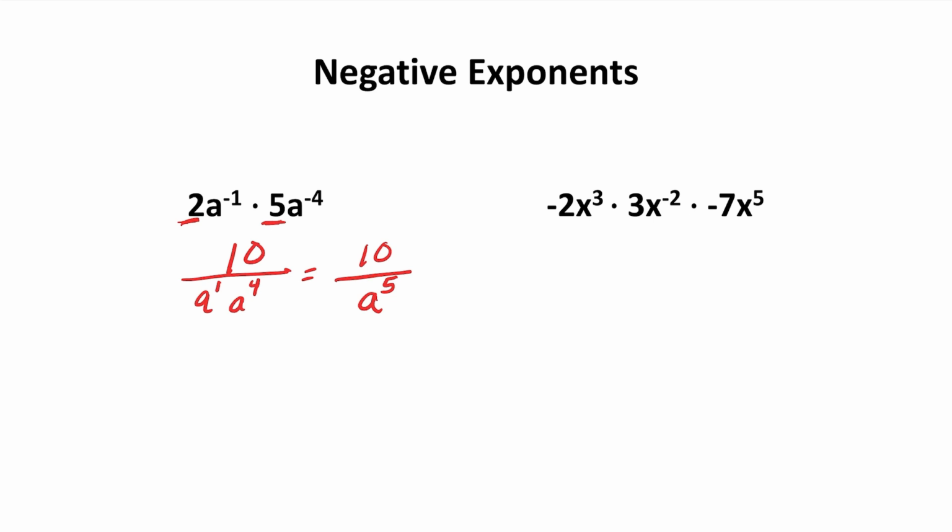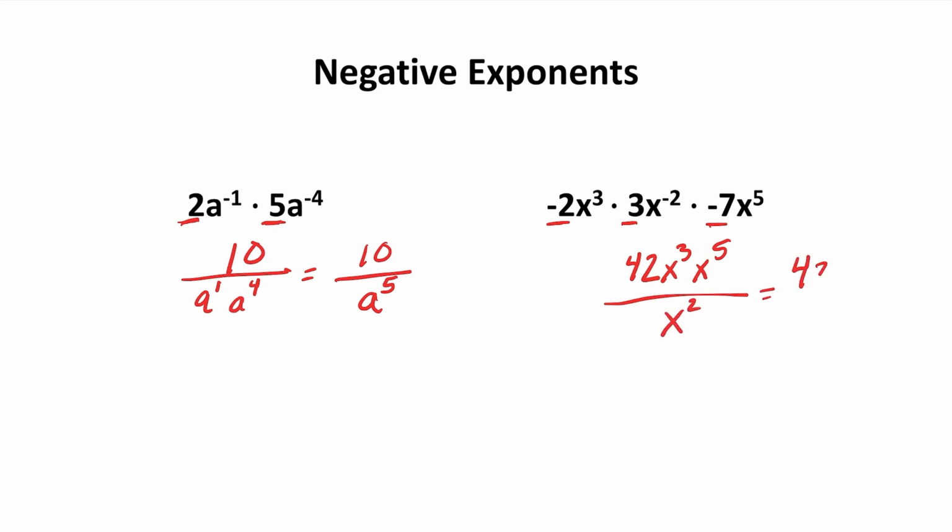Okay, let's look at this next one. We're going to multiply all our coefficients together, and they will stay on top. Negative 2 times 3 is negative 6. Negative 6 times negative 7 is positive 42. Any positive exponents stay on top. So this is x cubed and x to the 5th. And the only thing that comes on the bottom is x squared.